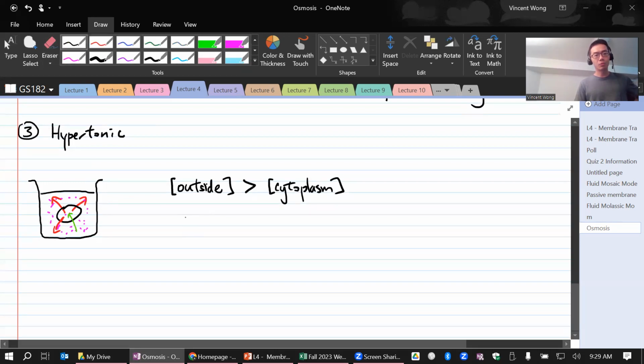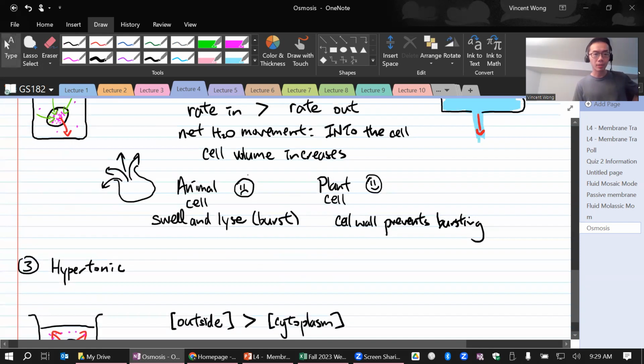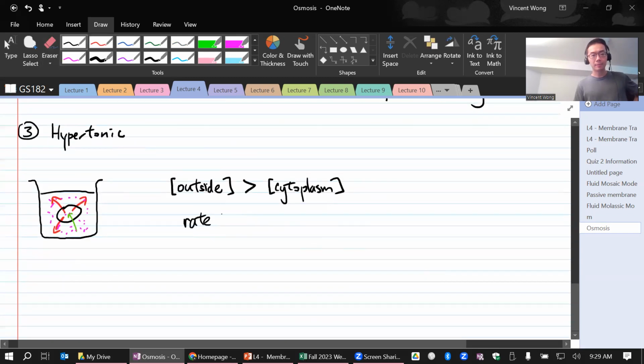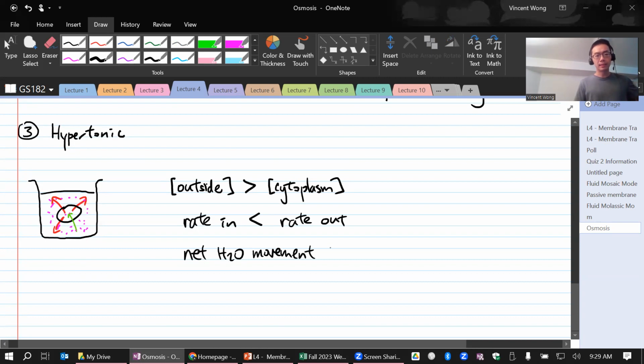So rate in, I gotta do it in the same order so that it makes more sense, rate in is going to be less than rate out. Okay, so net water movement is out of the cell.